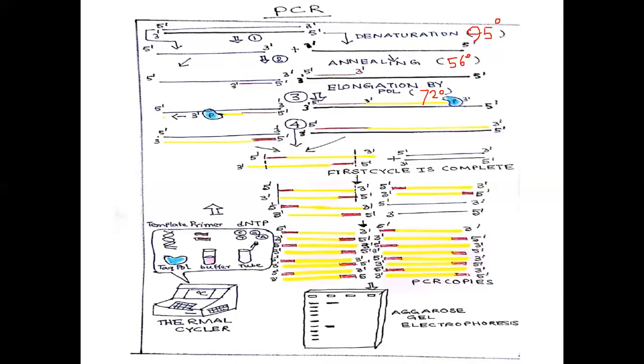Now, using a specified polymerase called Taq polymerase. The name Taq comes from the Thermus aquaticus bacteria, which is thermostable, and the polymerase we get from this bacterium is Taq polymerase. It is used because at high temperature it has the fidelity to perform the polymerization reaction.